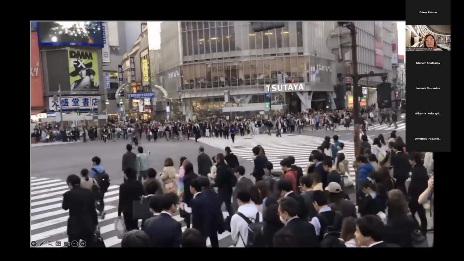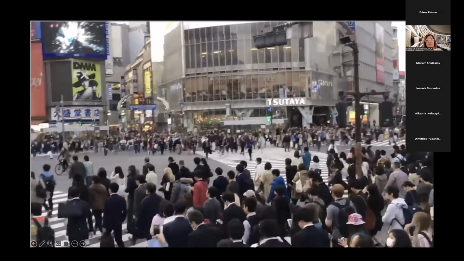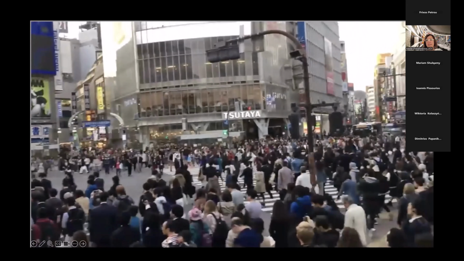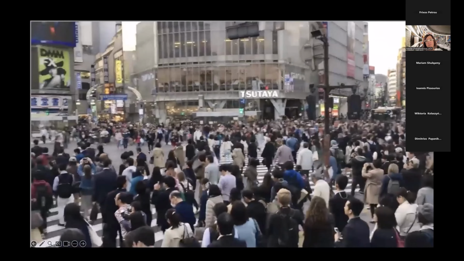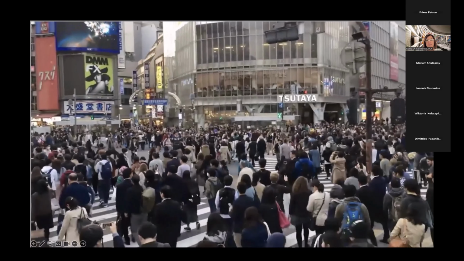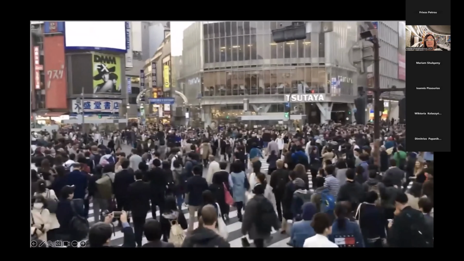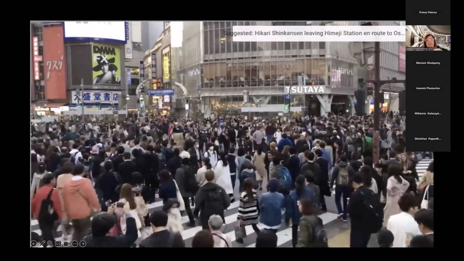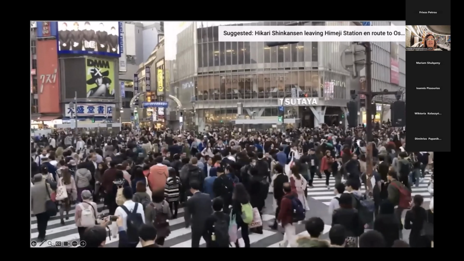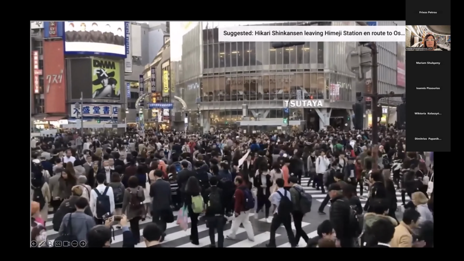This is a very famous crossing in Tokyo, the Shibuya crossing. It's also known as the Tokyo Junction, which is a crisscross junction or a scramble crossing. They designed it in such a way so that it enables people to follow the desired line of movement across the street.